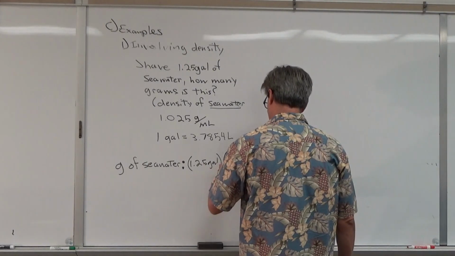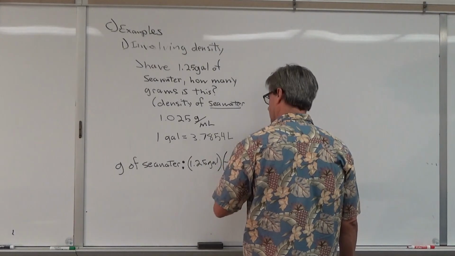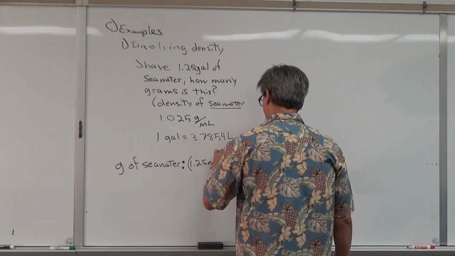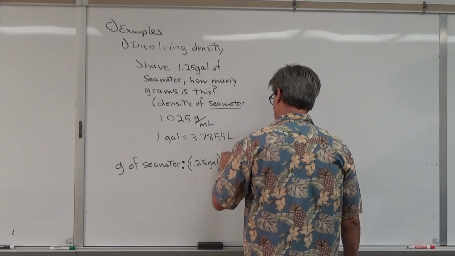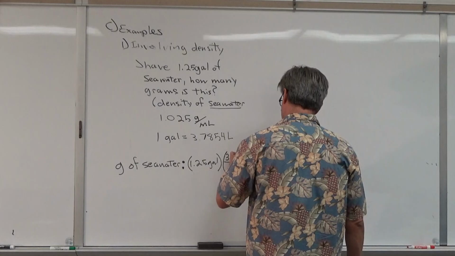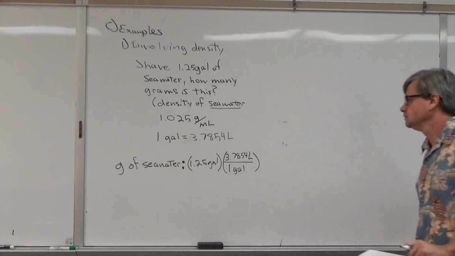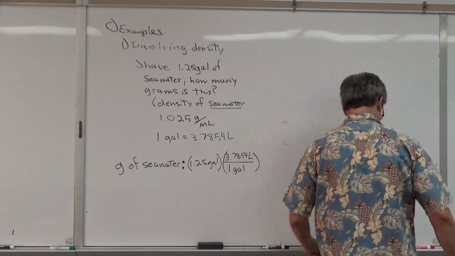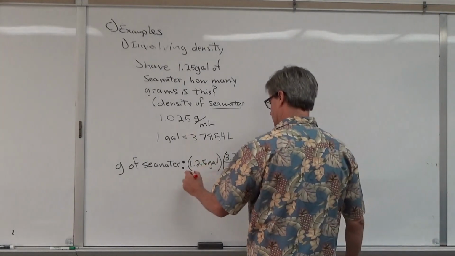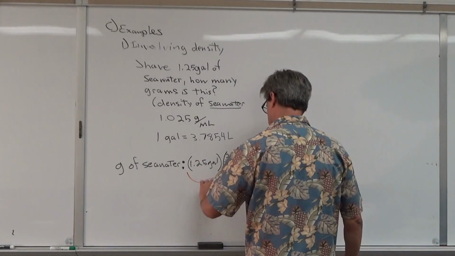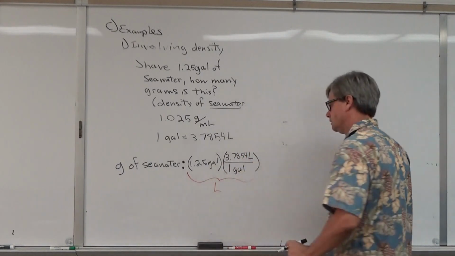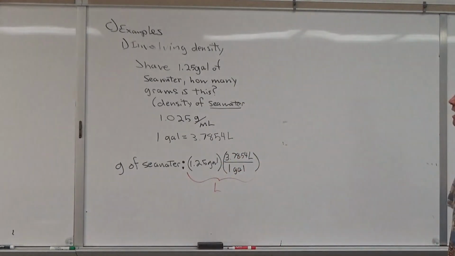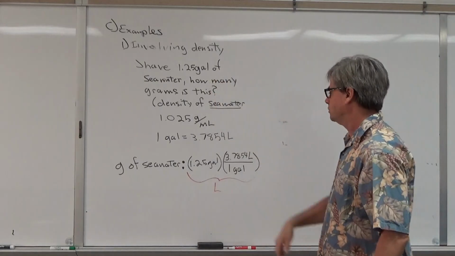So 1 gallon, okay, is 3.7854 liters. Okay. At this point in the calculation, if I were to do it, the gallons cancel out. This is going to be liters. Right? I've now accomplished figuring out how many liters of seawater that is.